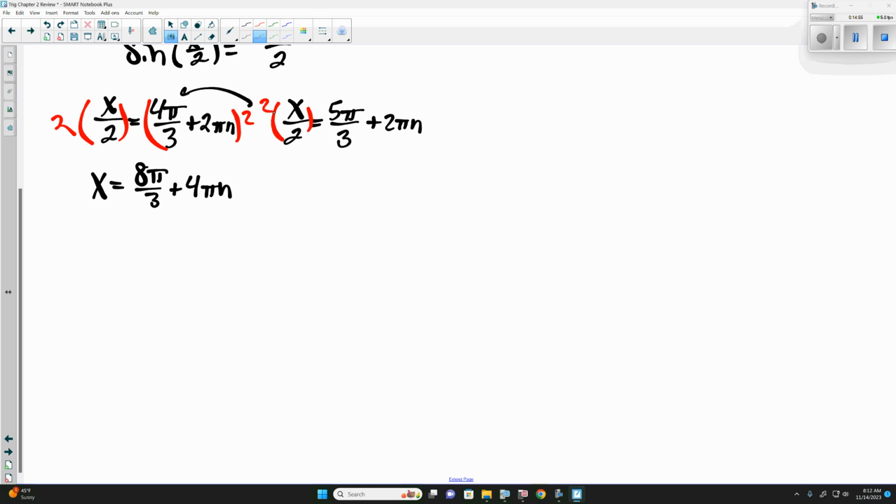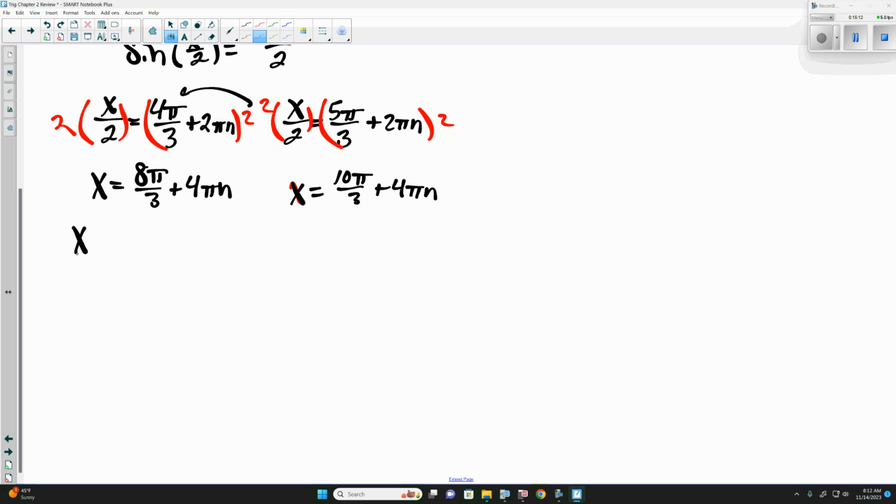Here we can do the same thing, which tells us x is equal to 10 pi over 3 plus 4 pi n. 8 pi over 3 is definitely bigger than 2 pi.